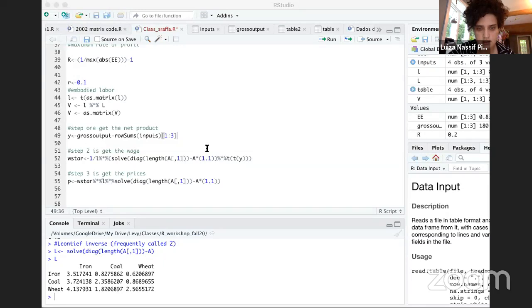Rate of profit, numeric example R equals 0. When you set R equal to 0, you're setting that everything is going to wages. So you have these two extremes.